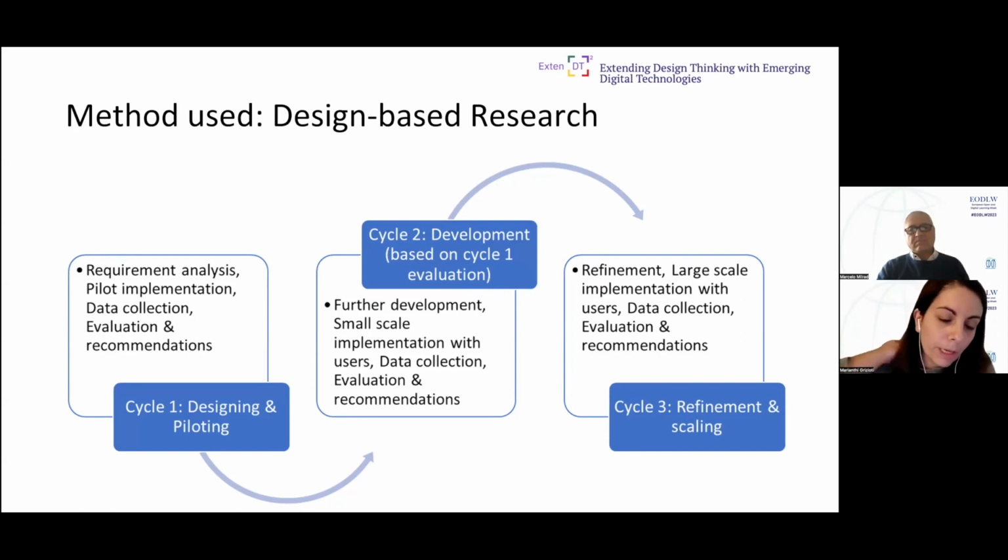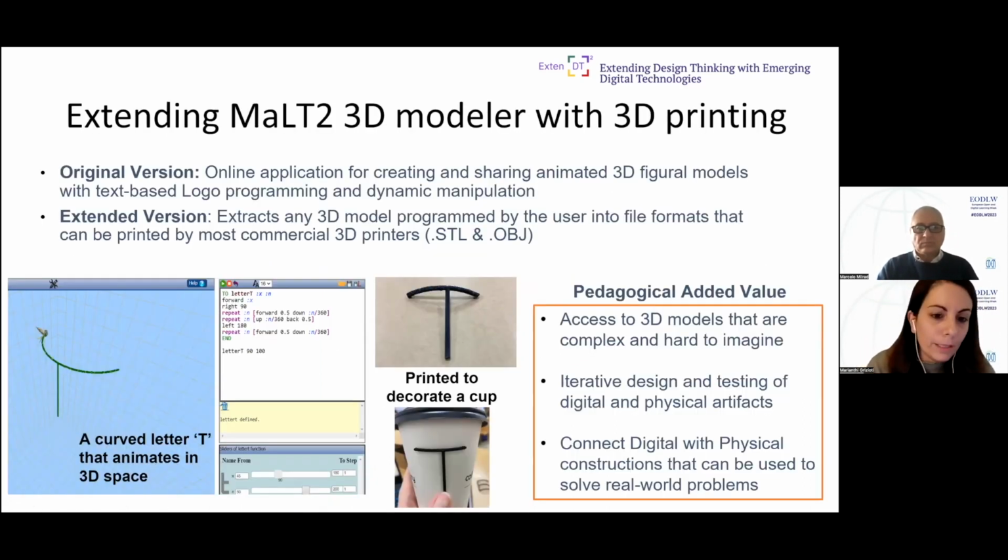And with these recommendations, we designed the extended versions of the technologies that we will use in the second cycle next year, in which we are going to do a small-scale implementation, collect data, and go to the third cycle, in which we will refine our technologies and do some larger scale implementation with users. So right now we are in the beginning of cycle 2, actually. Now I will show you how we extended these technologies.